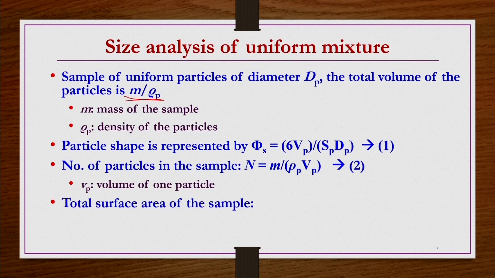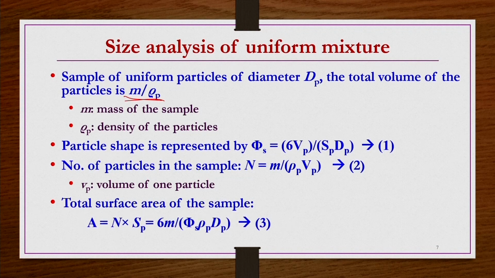So, the total surface area of the sample would be n number of particles multiplied by the surface area of one single particle. Since this mixture is uniform, you do not need to worry about changes in surface area from one particle to another, because all the particles have the same size and diameter. If you multiply the surface area of one particle by the total number of particles, you get the total surface area, that is n into Sp.